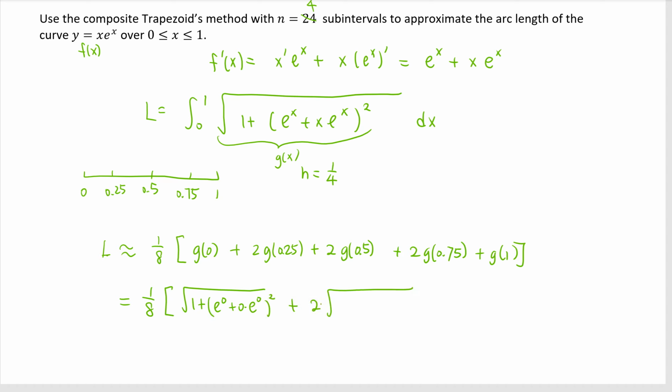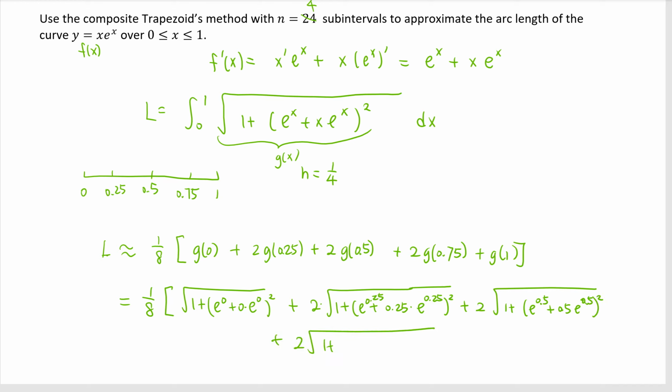Plus 2 copies of the square root of 1 plus (e to the 0.25 plus 0.25 times e to the 0.25) squared, plus 2 times the square root of 1 plus (e to the 0.5 plus 0.5 e to the 0.5) squared, plus 2 times the square root of 1 plus (e to the 0.75 plus 0.75 e to the 0.75) squared, and then plus g of 1: square root of 1 plus (e to the 1 plus 1 times e to the 1) squared, which is just 2e, right?